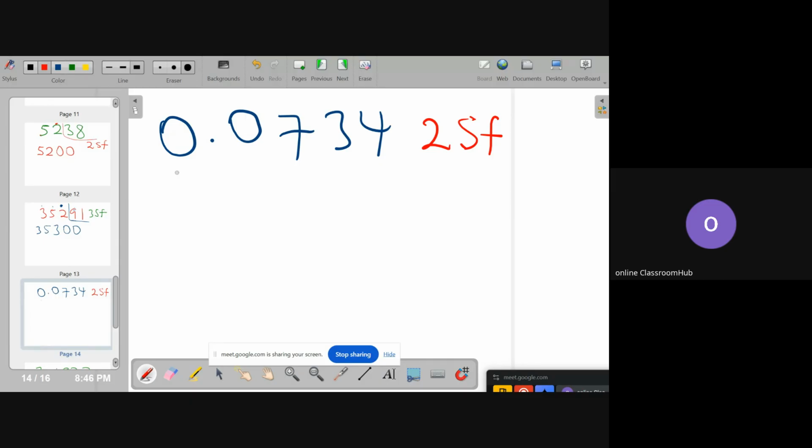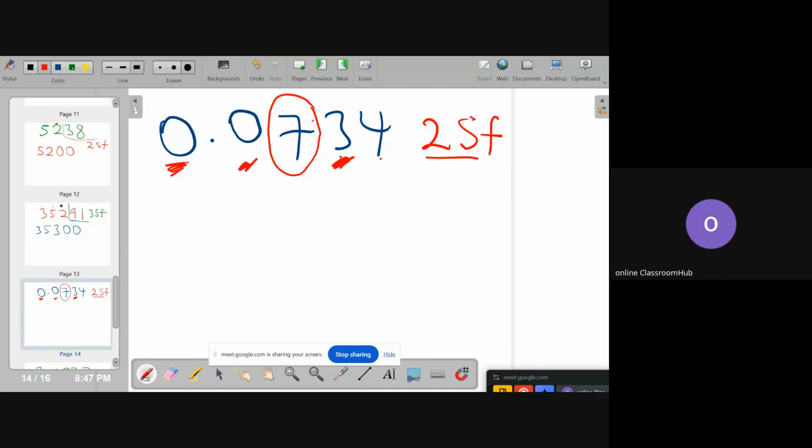We can see that the first 0 here is insignificant. So our first SF is 7. Significant figure number 1 is 7. So 3 becomes our second SF. 4 becomes our third SF. Since you are looking for 2 SF, the bar stop is on 3.